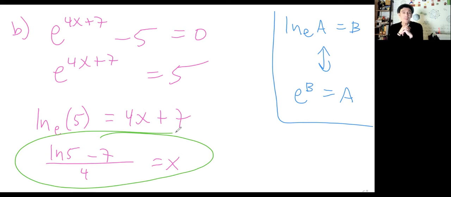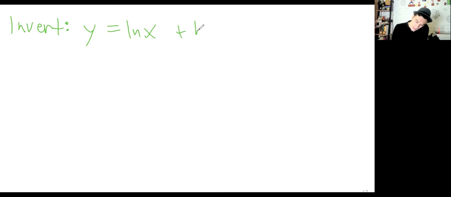Okay, so there's a couple of equations. Let's do a problem where we have to find the inverse. So let's clear here. And now the directions would say something like invert, meaning find the inverse. So let's go y equals ln of x plus ln of 4 over x minus 1.